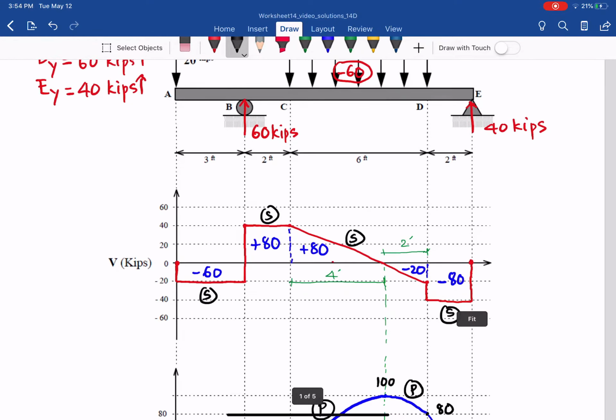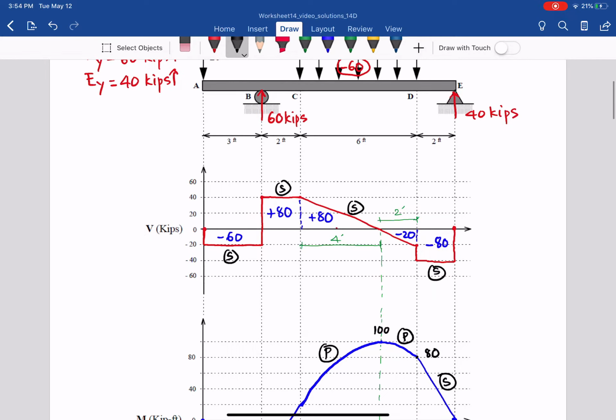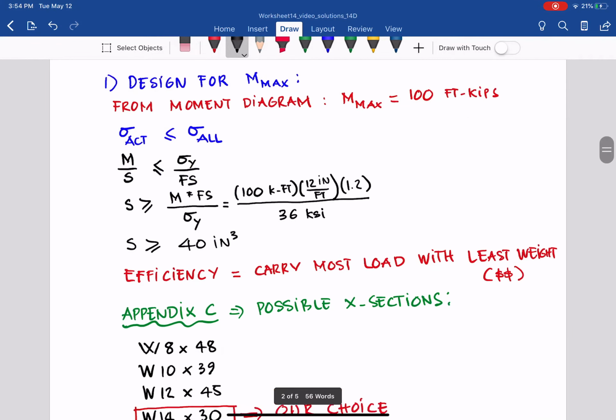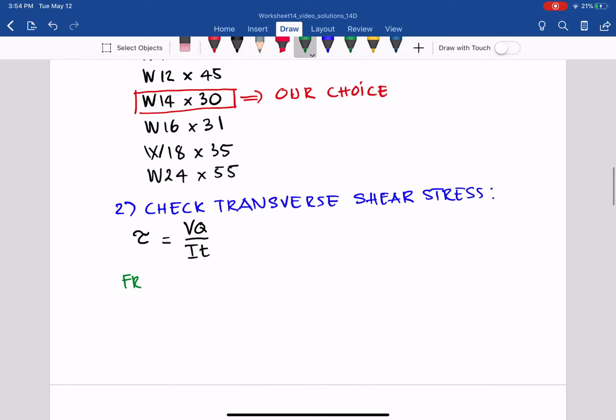So they are the critical points, and we have the same maximum, Vmax equal to 40 kips, from the shear diagram we just drew.